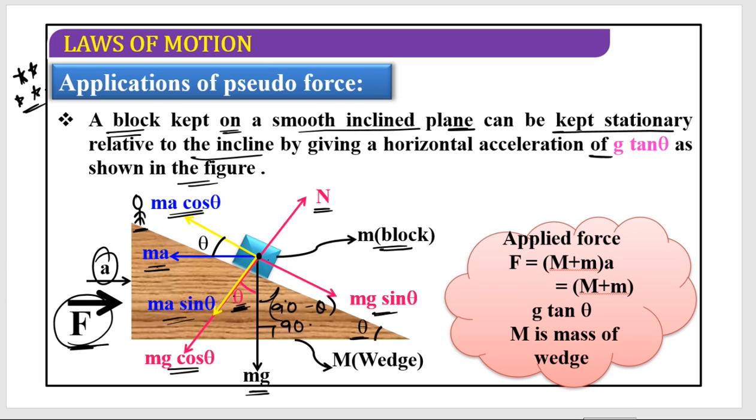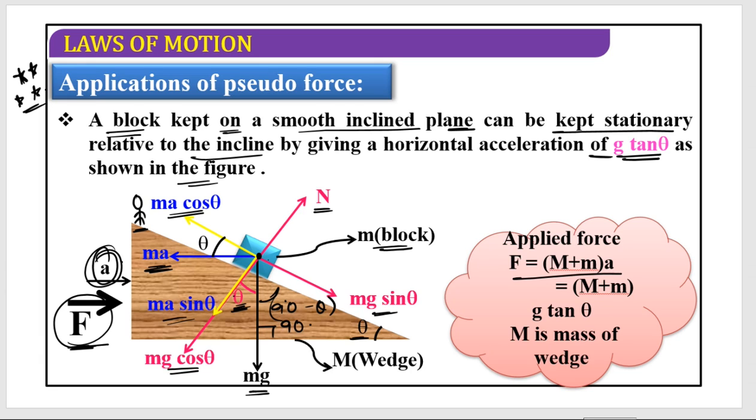Great. So now if you make this block a situation where the net force on it is 0, then the acceleration would be equal to g tan theta. If the acceleration is g tan theta, then this block is not going to move with respect to the wedge.